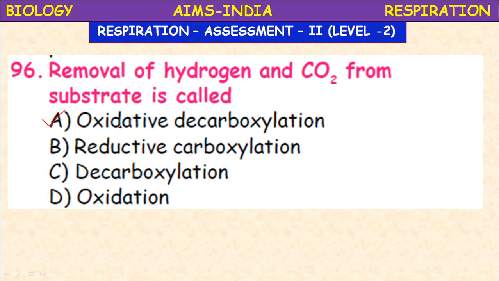Removal of hydrogen is taking place and the removal of carbon dioxide is also taking place. Removal of hydrogen is called oxidation, removal of carbon dioxide is called decarboxylation. So it is an oxidative decarboxylation reaction. The Krebs cycle, particularly, is called the oxidative decarboxylation reaction.